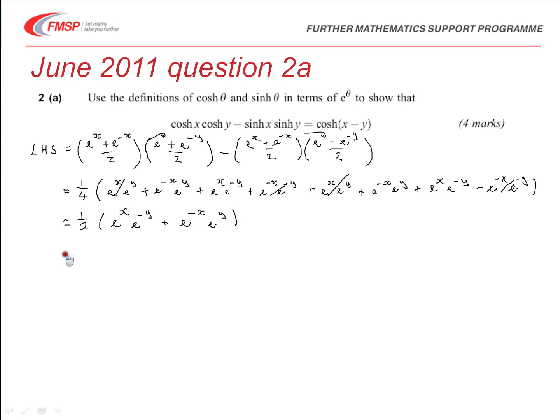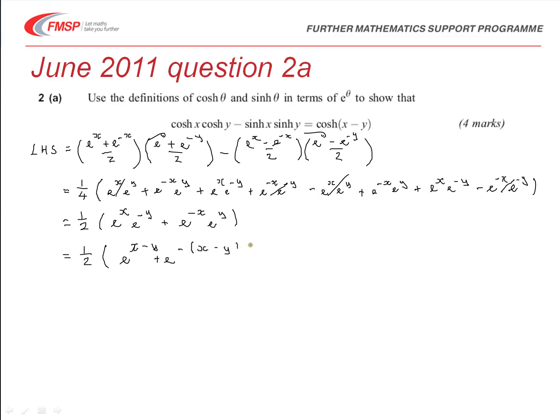And of course that can then be written as we can add the powers of the x and the minus y together, so this then becomes e to the x minus y, and then the next term that we're adding becomes e to the minus x plus y, but we can rewrite that as minus x minus y.